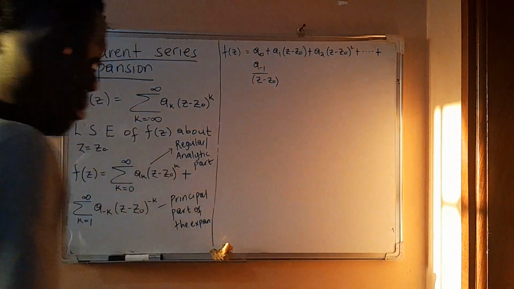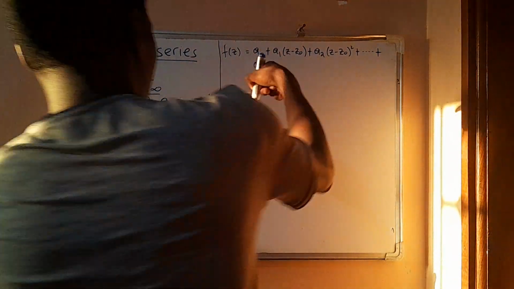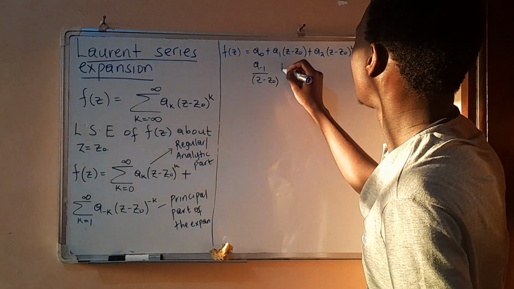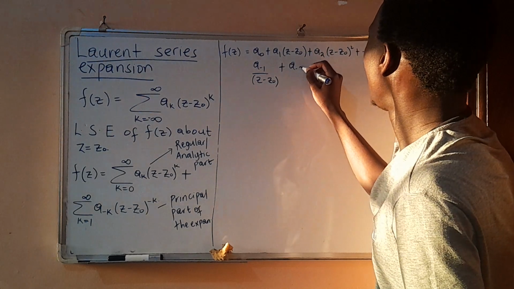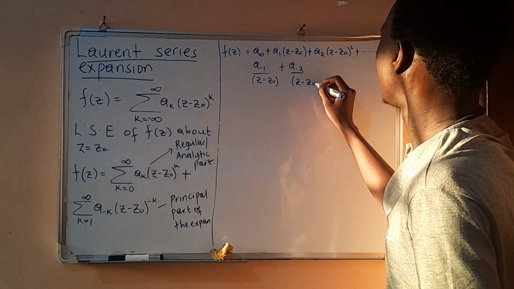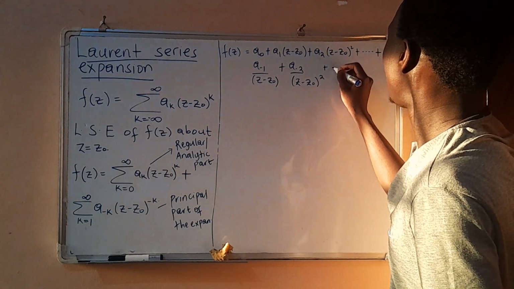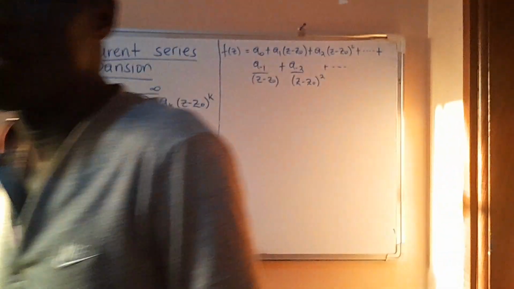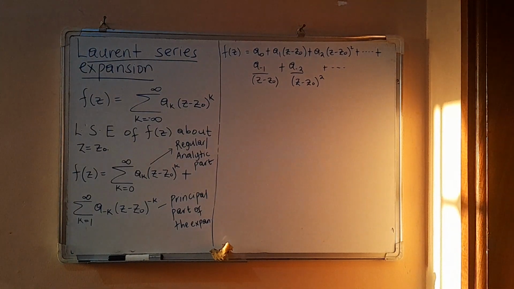This is a negative power, so we drop it down, then plus a negative 2 over (z minus z naught) power 2. This part with fractions we call the principal part. The other one, which has no fractions, is the analytic part or the regular part.